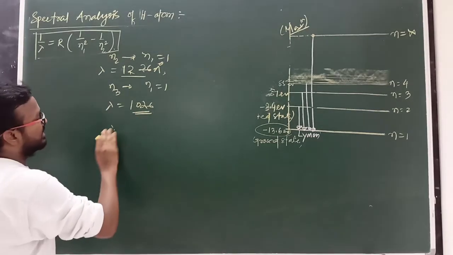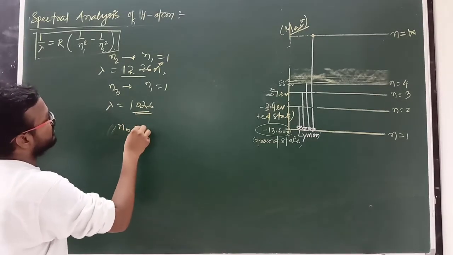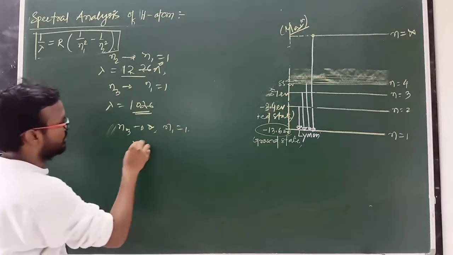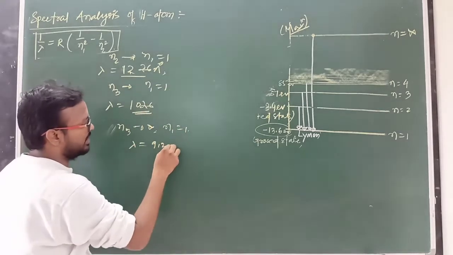And when n3 is infinite to n1 equal to 1, at that time we get lambda equal to 912 angstrom.